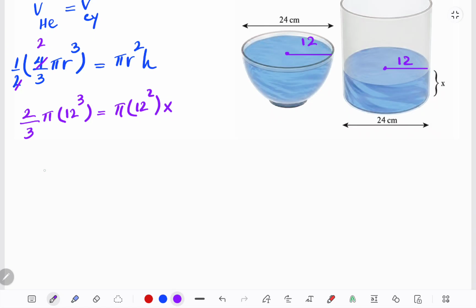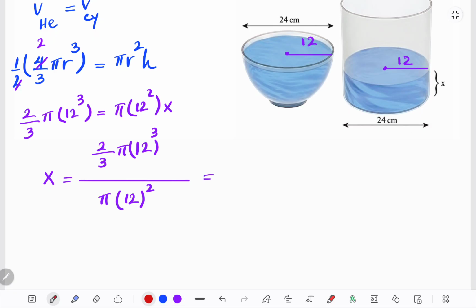In order to find x, we just need to write this side of the equation, 2/3 pi 12 cubed over this one, pi 12 squared.